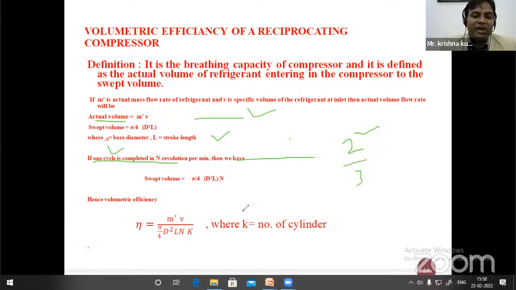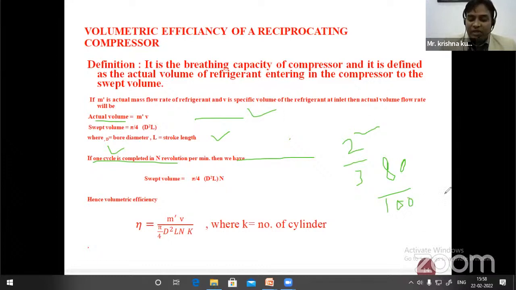Similarly here, if the cylinder capacity is 100 meter cube and it is only able to flow 80 meter cube, then 80 divided by 100 becomes the volumetric efficiency of that system.